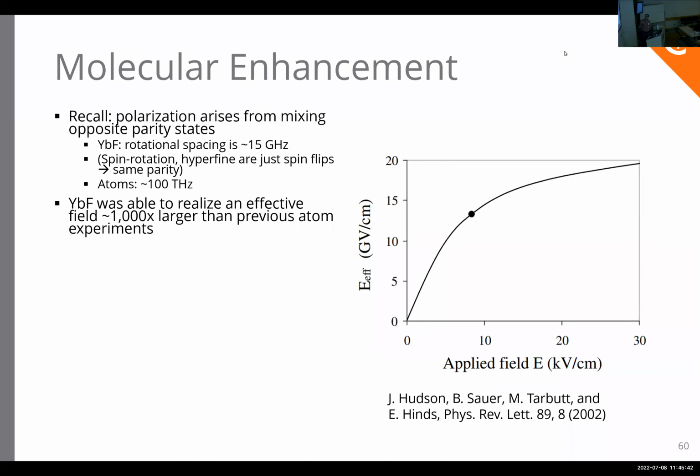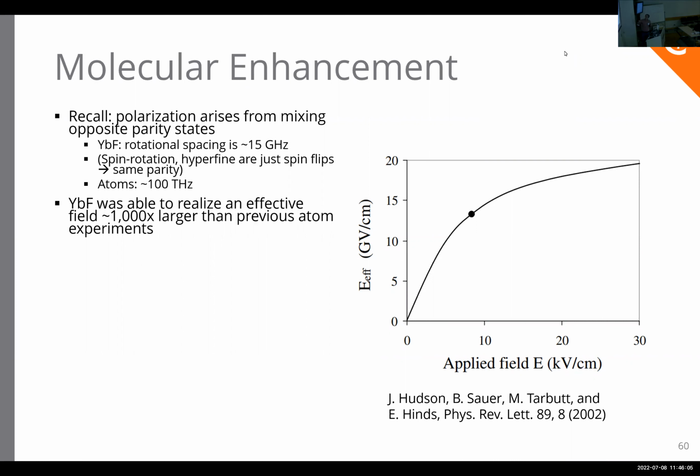For YbF, for example, the rotational spacing is about 15 gigahertz. That means with an applied field of 12 or 13 kilovolts per centimeter, which you can totally do in the lab, it's challenging, but you can do it, you can't quite fully polarize it, but you can get most of the way there.